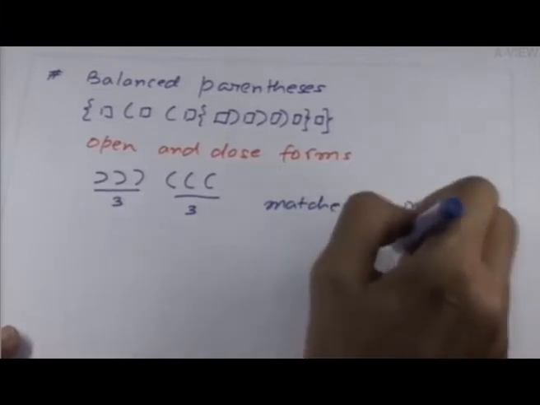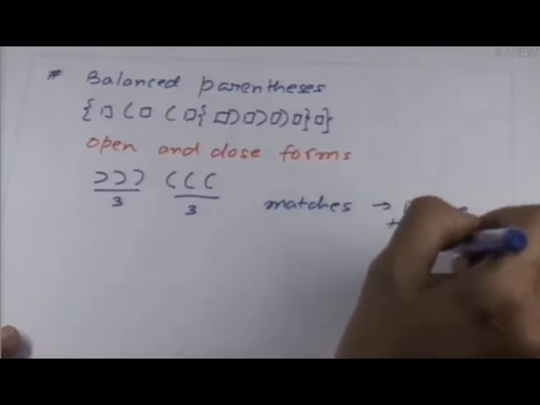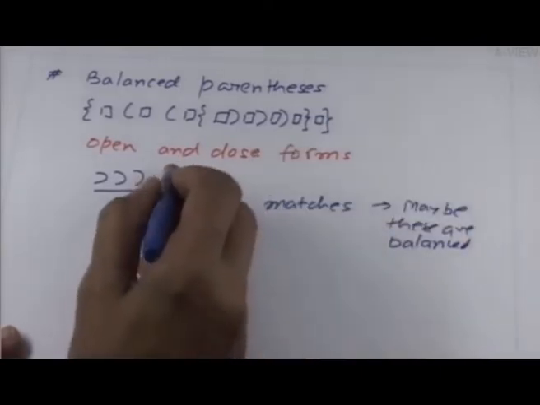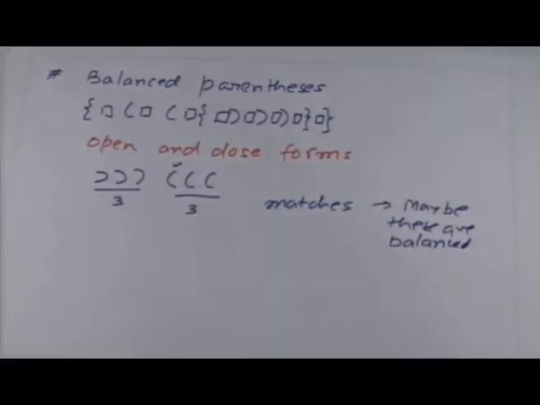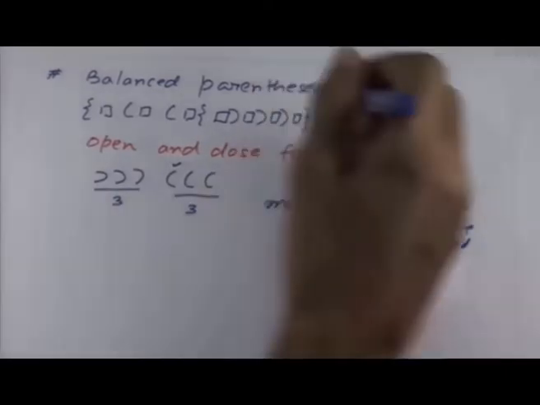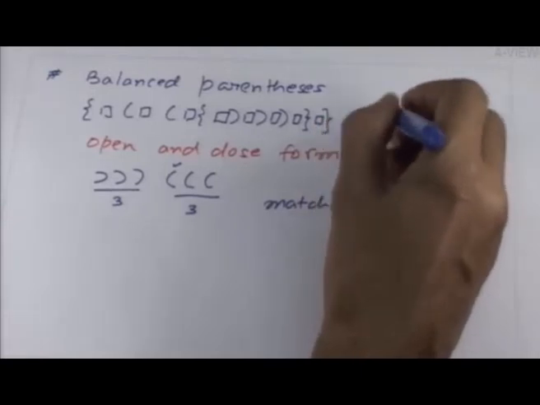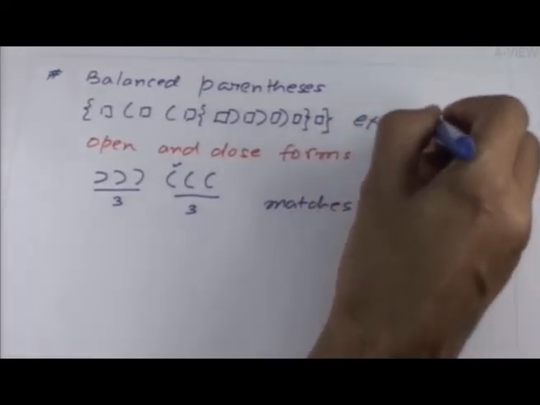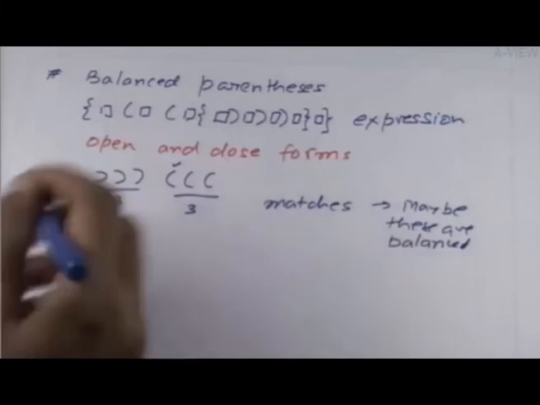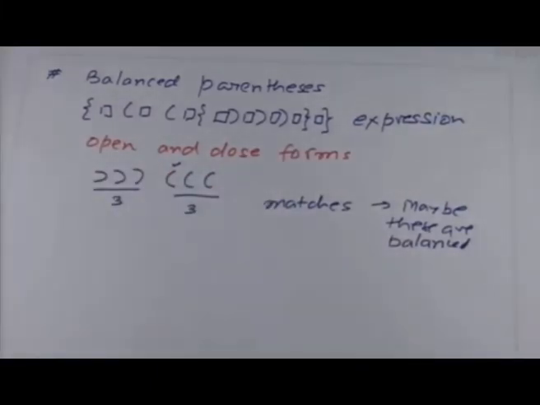The answer is no, because it is important that an opening parenthesis comes before a closing parenthesis. So this is well known, there is nothing new. The question is, given an arbitrary expression like this which involves parentheses of one or more kinds, can we figure out whether it is balanced or not?